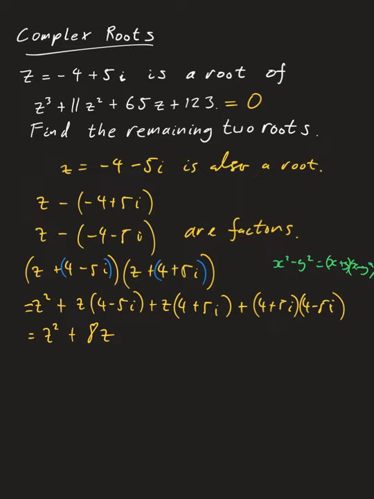And of course the i squared is going to be minus 1, so that's going to turn out to be 4 squared plus 5 squared. So that's equal to z squared plus 8z plus 16 plus 25, which is z squared plus 8z plus 41.